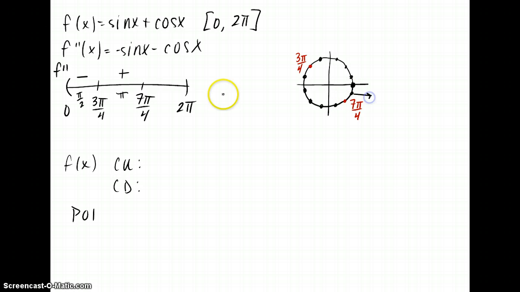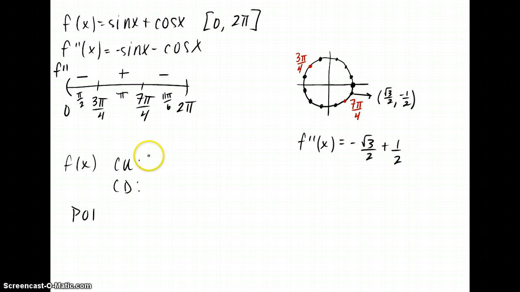So a test value in this interval would be 11 pi over 6. Cosine of 11 pi over 6 is square root of 3 over 2. Sine is negative 1/2. Plugging those values into the second derivative, excuse me, you would have negative square root of 3 over 2 plus 1/2. Negative root 3 over 2 is bigger than 1/2, so that would be negative in that interval.